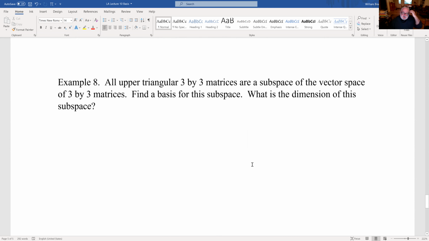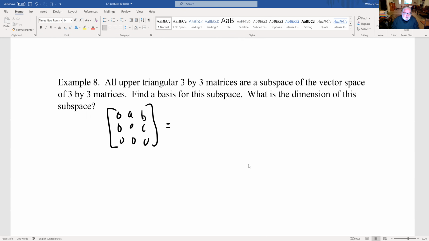So here's a case where we saw all upper triangular 3x3 matrices, right? And that's matrices that look like this. It's a subspace of the vector space of 3x3 matrices. What's the basis?